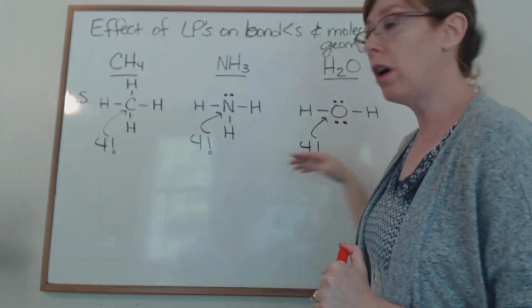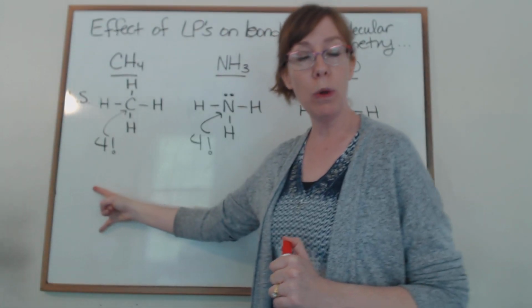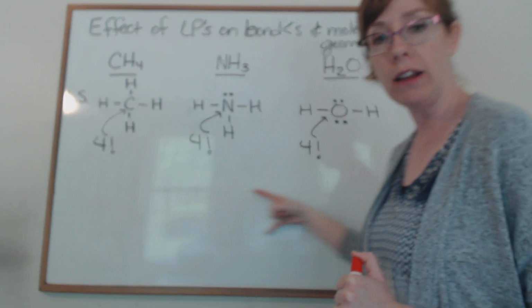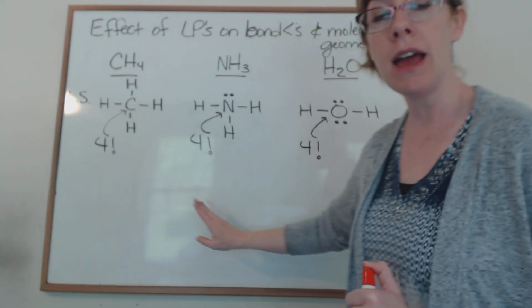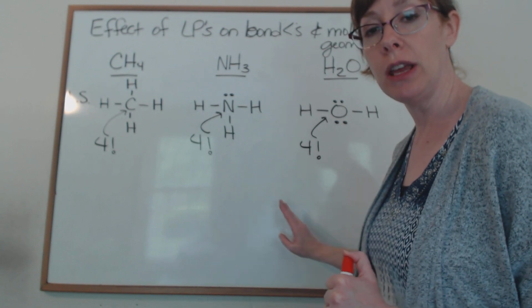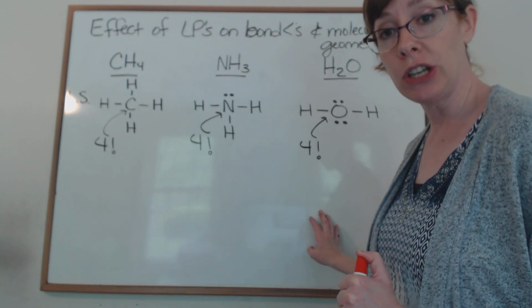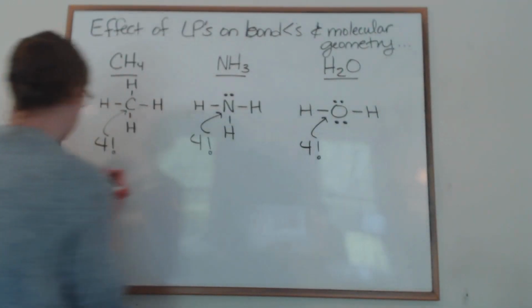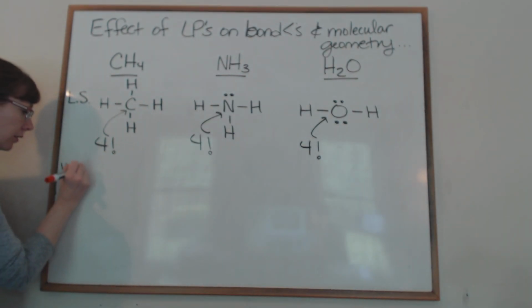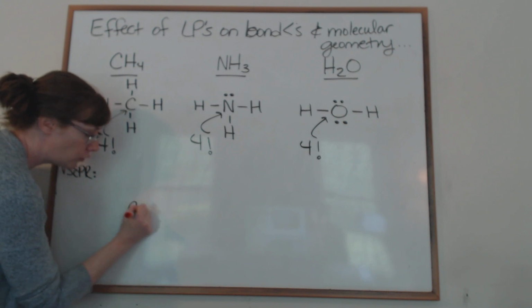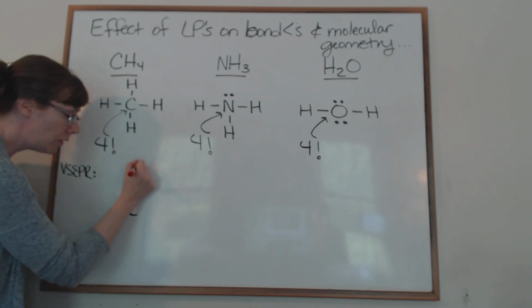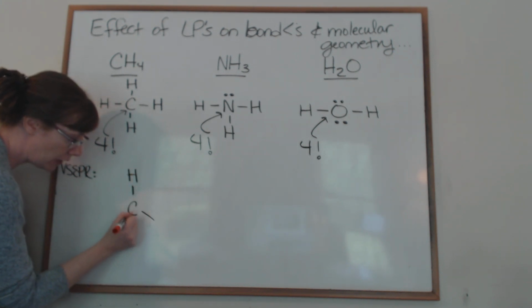Because they're all 4, they all will obey that 4th line on that chart. They'll have 109.5 degree angles, tetrahedral electron geometry, and sp3 hybridization, all of it. So let's go ahead and draw VSEPR models for all of them. Now, that's that tripod camera thing. CH4 I actually had already done for you.